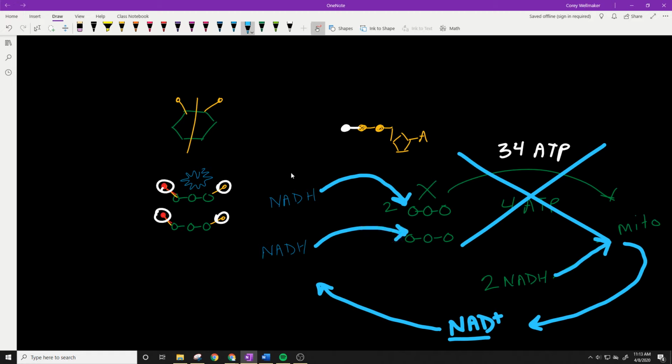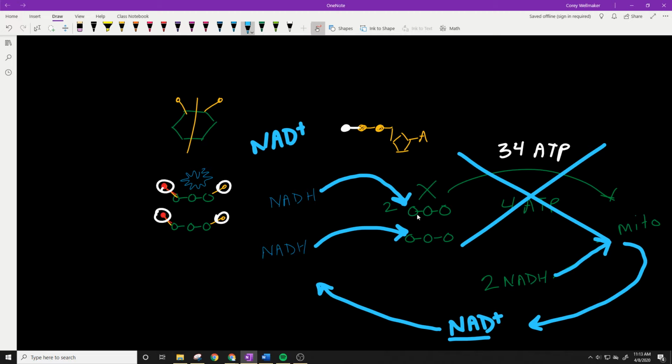By doing that, it can turn back into NAD+ and help glycolysis keep happening. The pyruvate is going to get converted into lactic acid once it gets those electrons. And that lactic acid can't be used for anything really. It's a byproduct of this process.